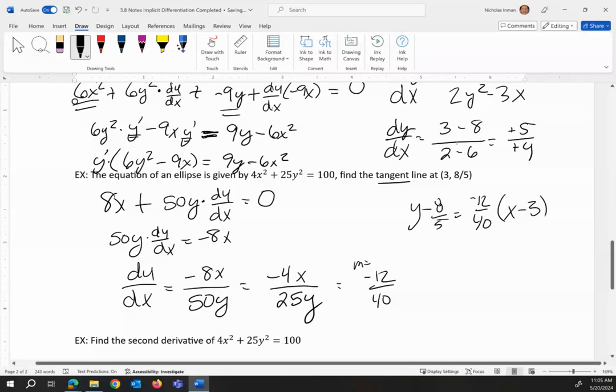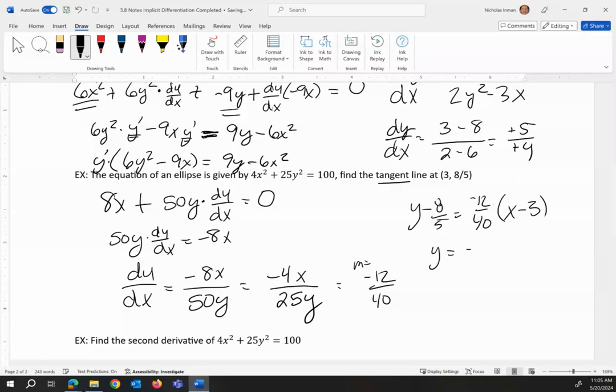Now you can distribute and you can get that common denominator. I guess I could reduce this if I wanted to. What goes into 12 and 40? 4, so 3/10. That'll make life easier.